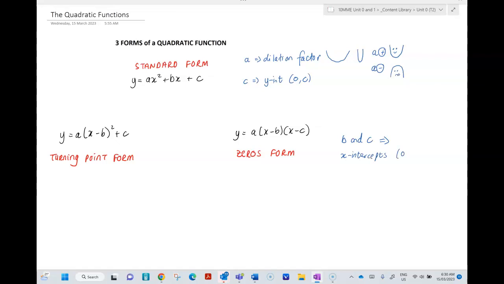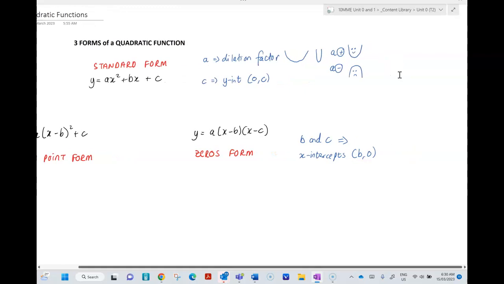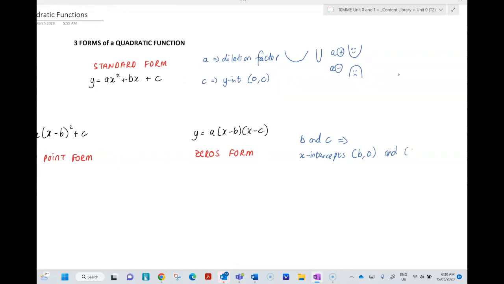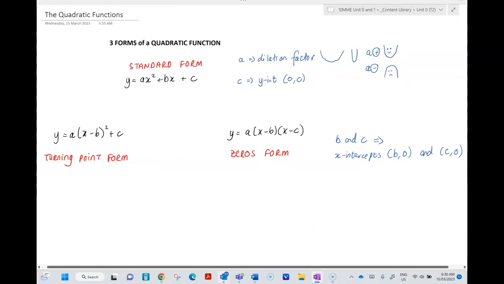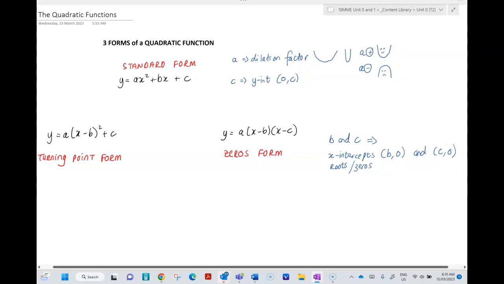Your x-intercepts will then be (b, 0) and (c, 0). Those are the two x-intercepts, also known as the roots or the zeros of the quadratic function. So you just got to get used to the words. And then the a again has exactly the same meaning as above. It looks at the dilation of the parabola, so that's called the dilation factor.